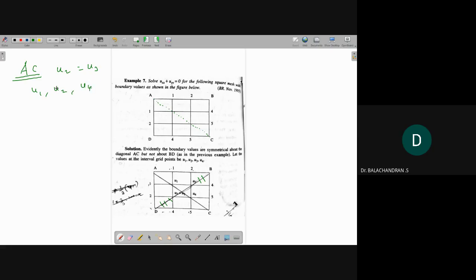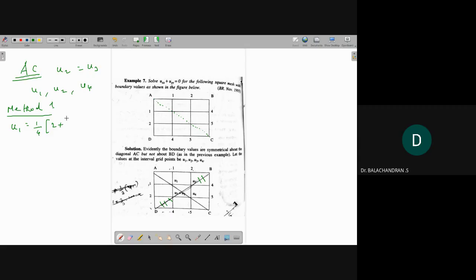Okay, method 1. U1 equal to, using the standard 5-point formula, 1 by 4 into 1 plus 1, 2, plus U2 plus U3.